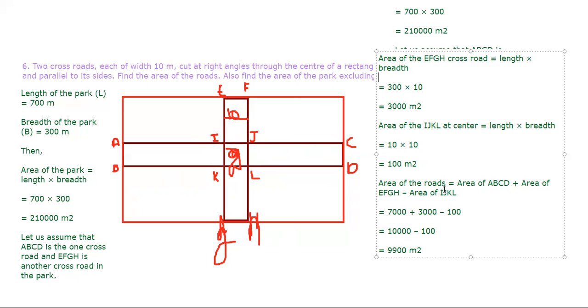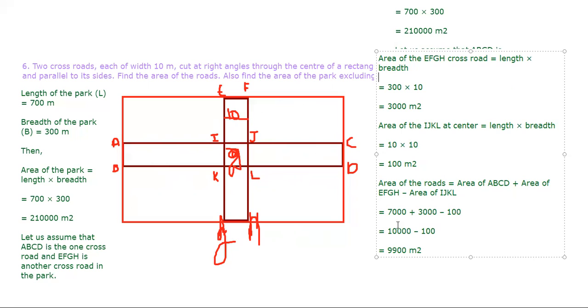Now the area of the roads. हमने अभी तक सिर्फ एक एक रोड का एरिया निकाला था. अब हम एक्चुअल में पूरी रोड का एरिया निकालने वाले हैं, जिसका होगा एरिया ऑफ एबीसीडी प्लस एरिया ऑफ ईएफजीएच माइनस द एरिया ऑफ आईजेकेएल. माइनस क्यों किया एरिया ऑफ आईजेकेएल? आईजेकेएल इन दोनों में कॉमन है ना, तो उसका हम दो बार एरिया नहीं मान सकते हैं.